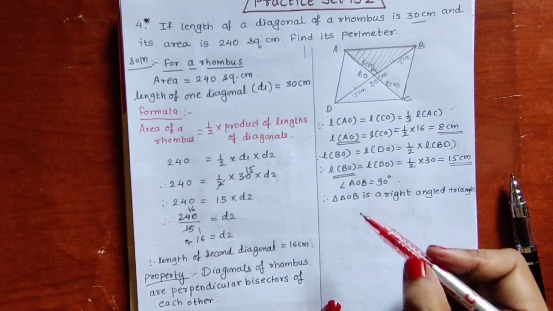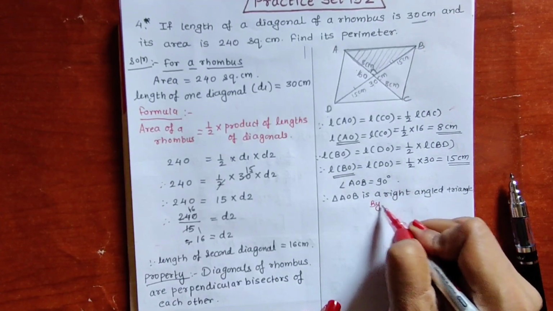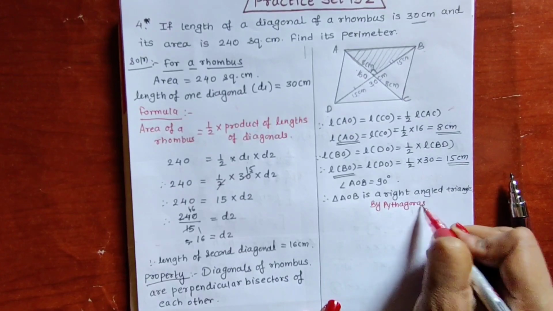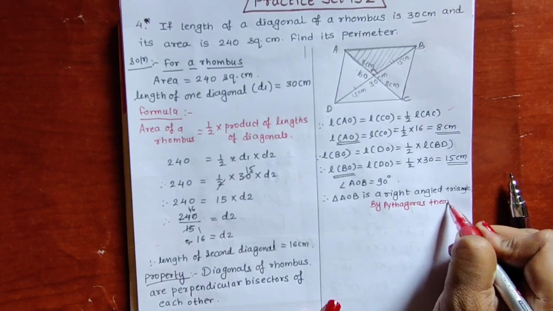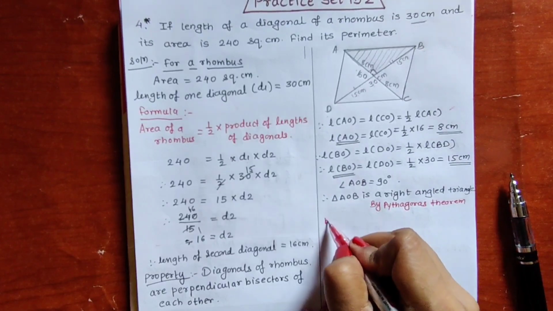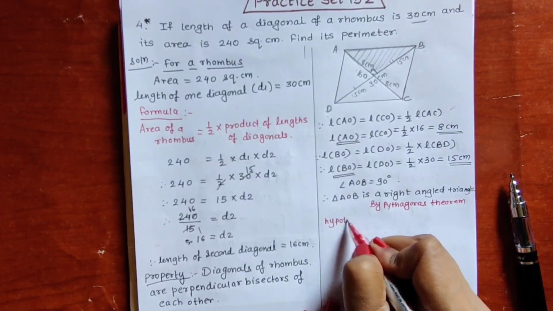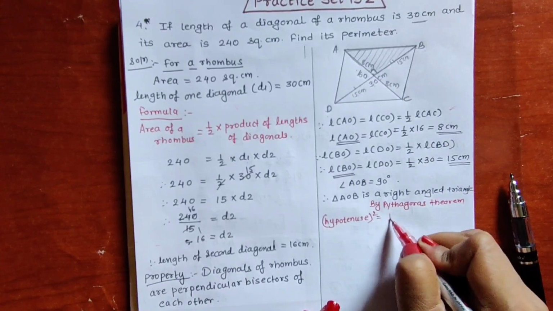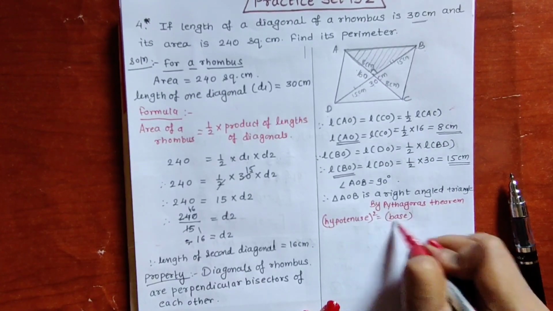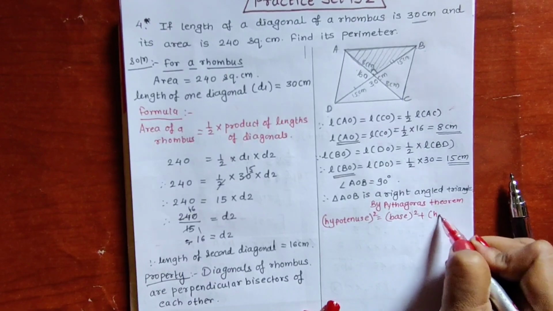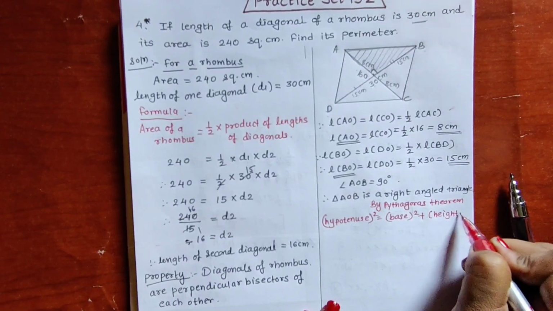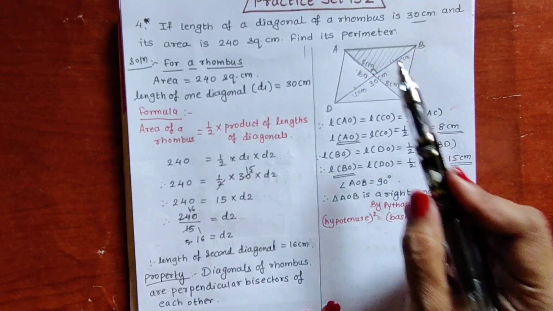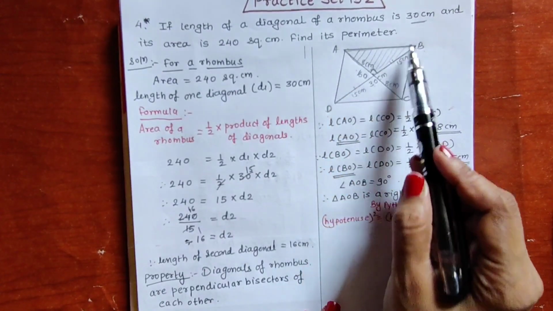By Pythagoras theorem, I will be writing the formula. Hypotenuse square is equal to base square plus height square. Now base, hypotenuse and height names are: hypotenuse is AB.